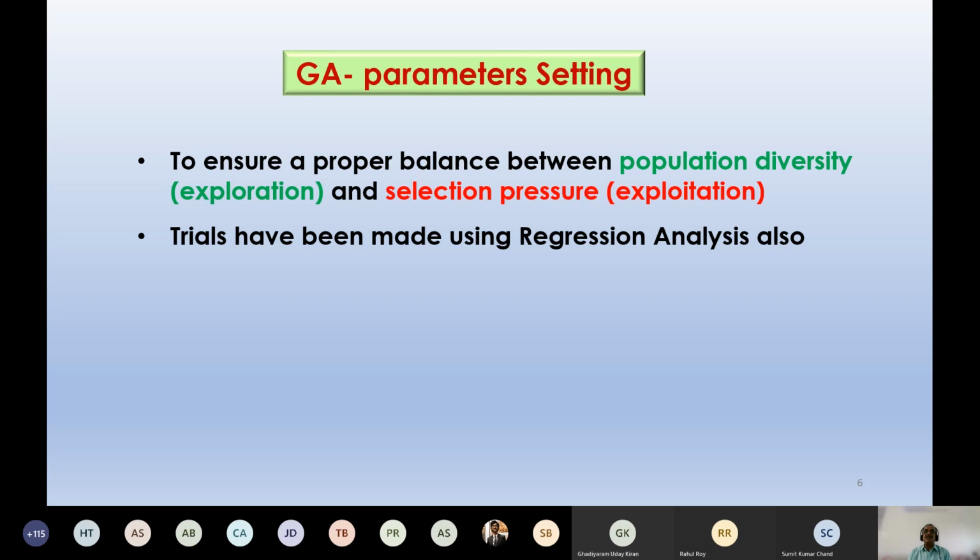Through the regression analysis, they tried to find out the output of the GA solution as a function of its input parameters, and accordingly they decided the optimal GA parameters.